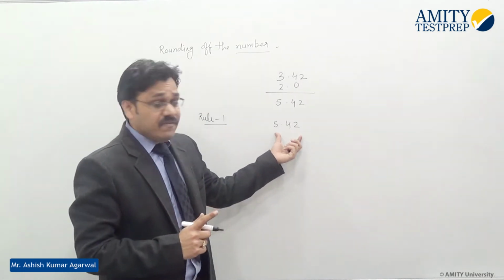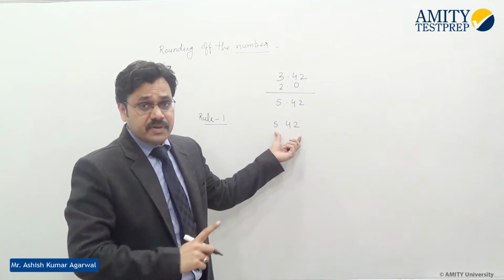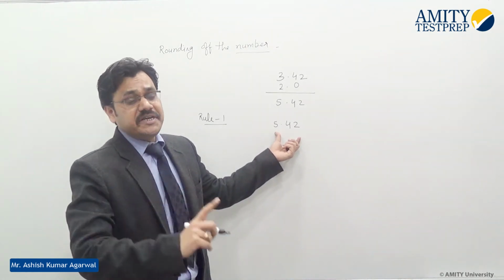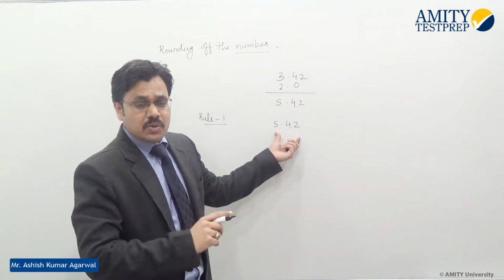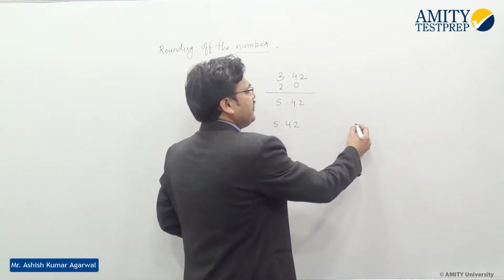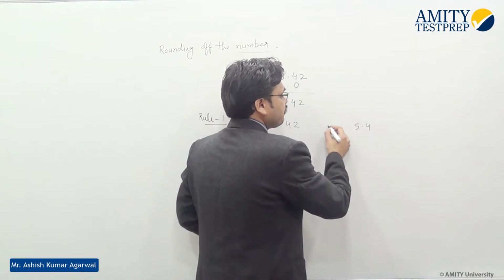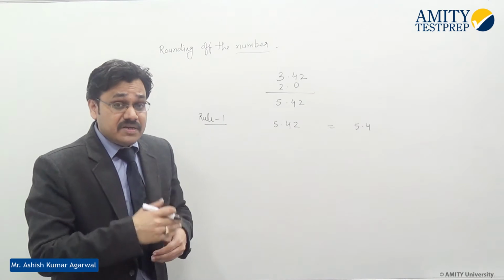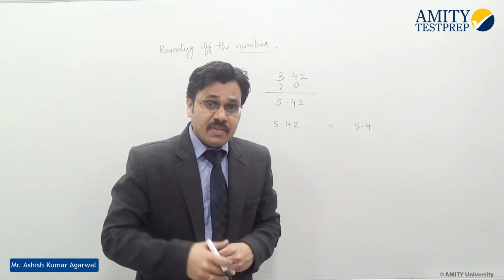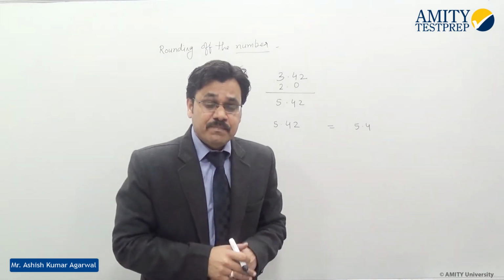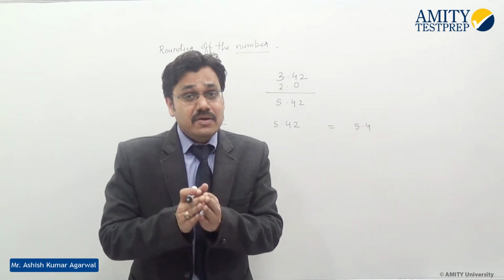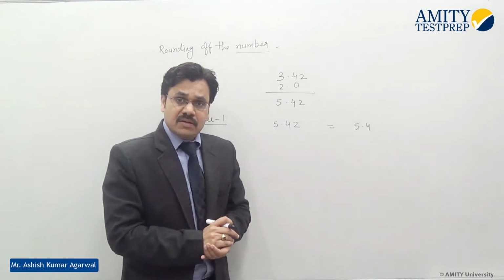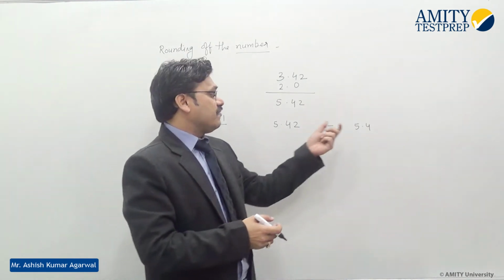If the digit dropped is less than 5, then there is no change in the previous number. So you can write it as 5.4. It means if the digit that is dropped is less than 5, you need not change the previous digit.